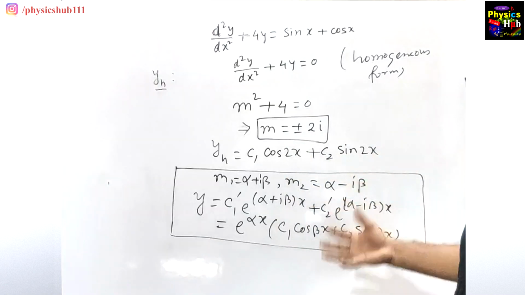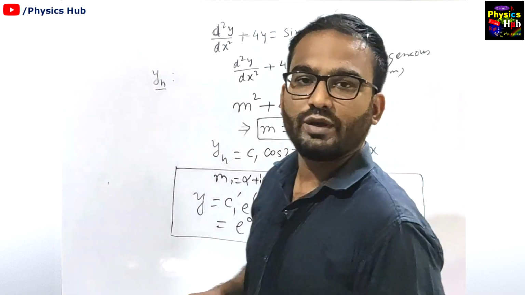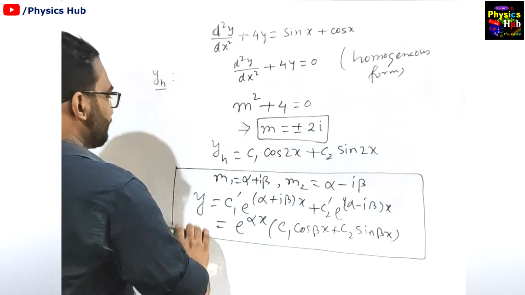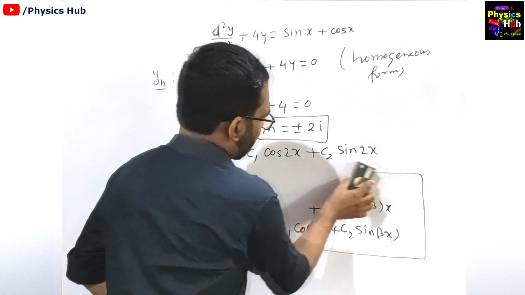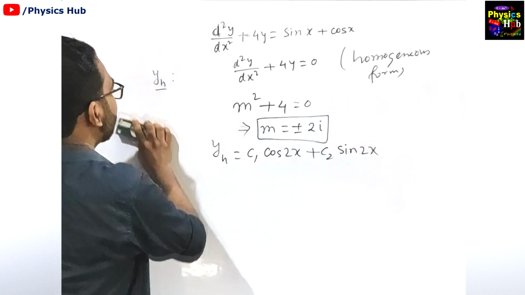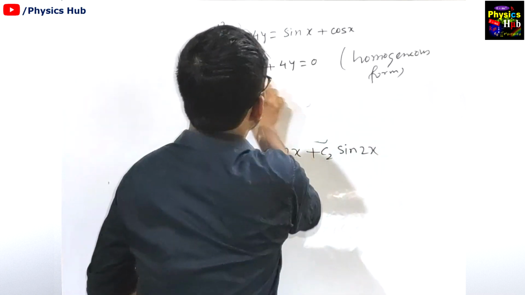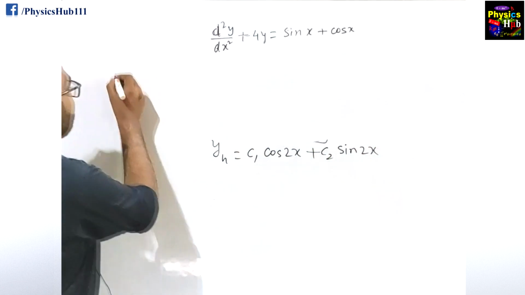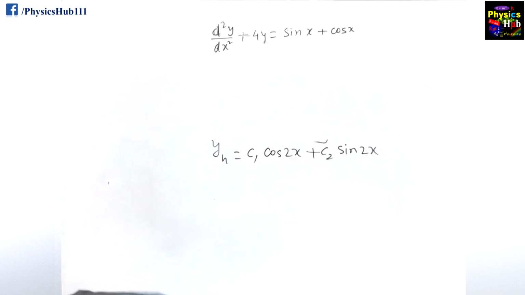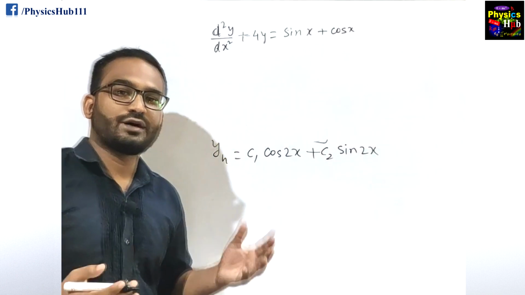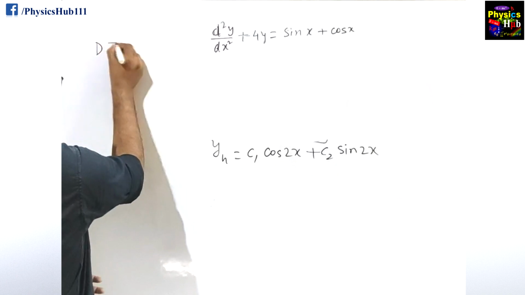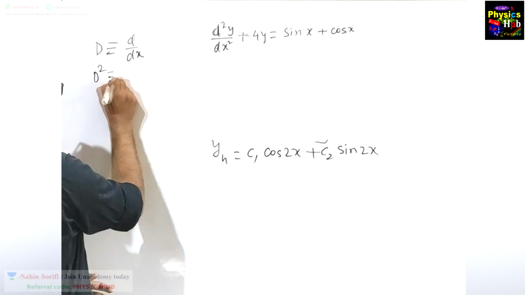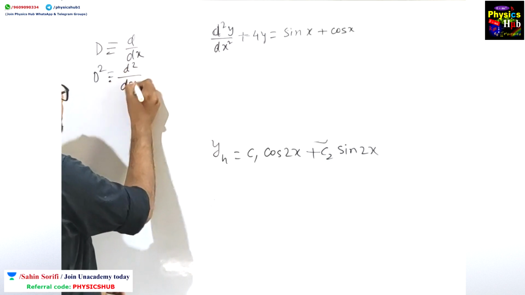Now once the homogeneous part is found, we have to find the particular integral. So how can we find the particular integral? I am keeping the homogeneous part aside, and we are just trying to find the particular integral. So we write the operator D, which is equivalent to d by dx, and D square, for obvious reasons, is d square by dx square.